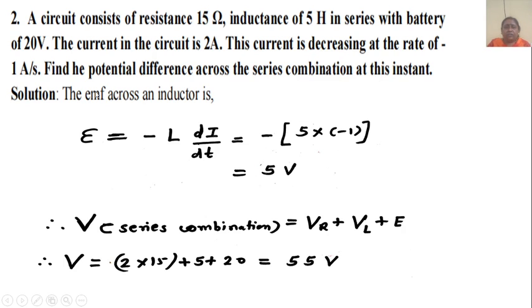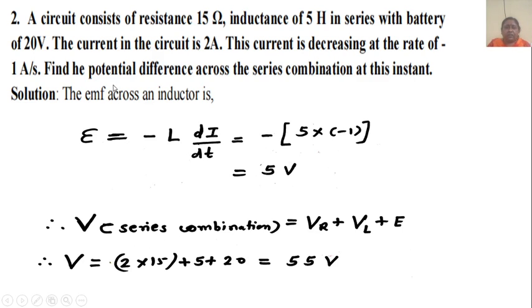So, the EMF across an inductor is induced EMF equal to minus L di by dt equal to minus 5 into minus 1. So, after simplification, induced EMF equal to 5 volt.